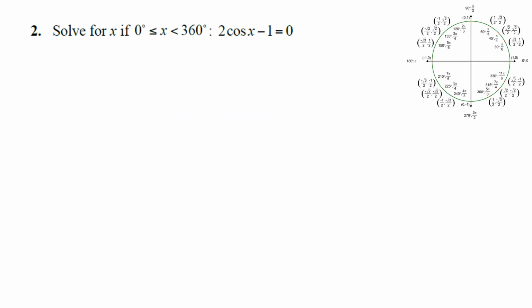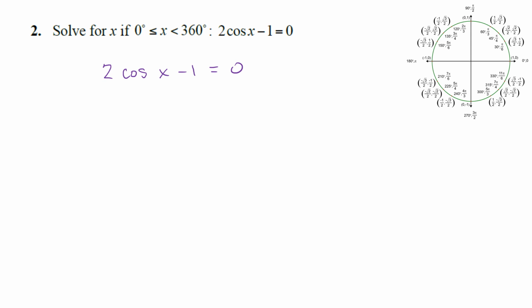All right. Next, we're asked to solve for x if x is between 0 and 360 degrees inclusive. So our equation is 2 cosine x minus 1 equals 0. And we want to get the trig function by itself. We want to isolate cosine x.